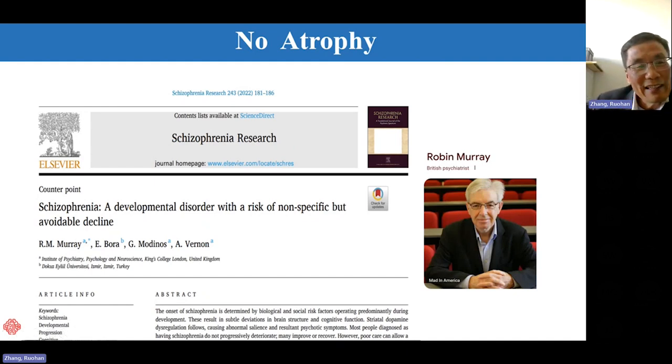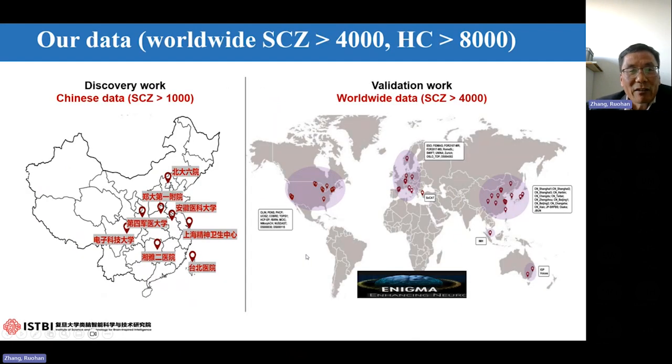He told me maybe it's not sure, maybe there's no shrinkage for schizophrenia patients. So we started looking into this, and I collected huge data, essentially the largest in the world: 1,000 schizophrenia patients from China, and another 4,000 from Enigma, from America and internationally.